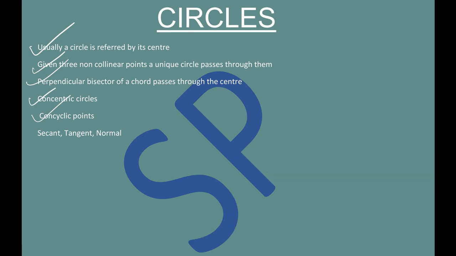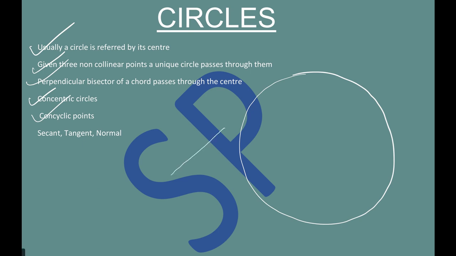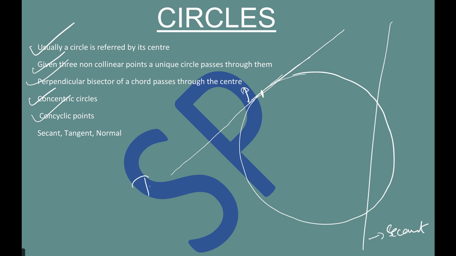And next we have secant, tangent and normal. You see I have a circle. We know that if a line touches the circle at a point P, then we call it a tangent to the circle. Now if a line cuts the circle like this, then we call this a secant. So this is tangent.